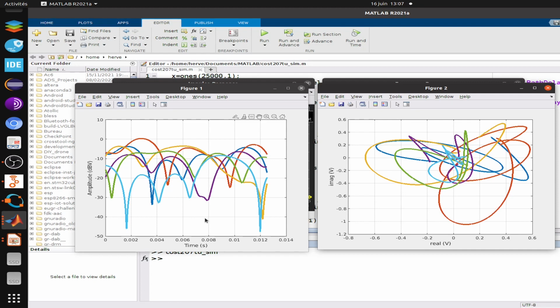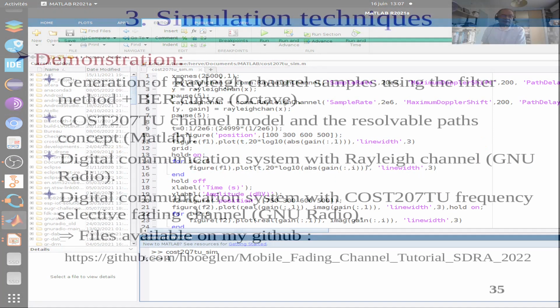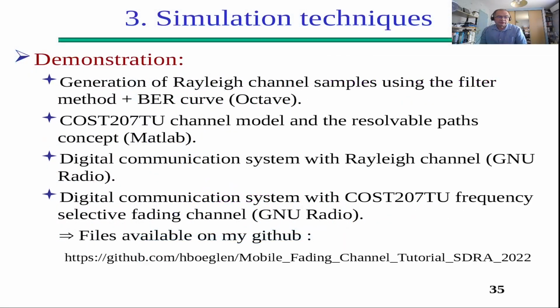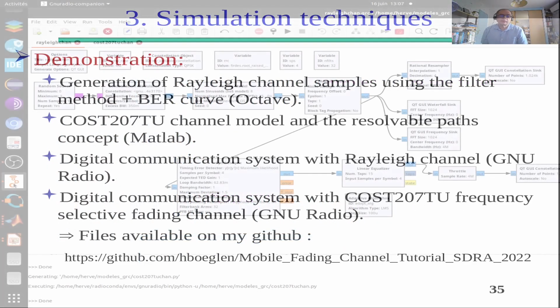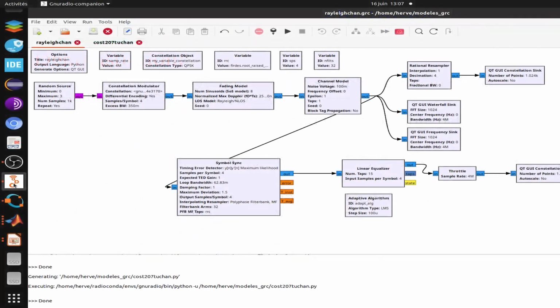So now let's switch to GNU Radio, and in GNU Radio I've just designed a communication system using QPSK.